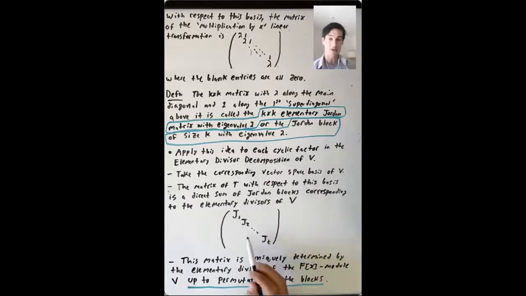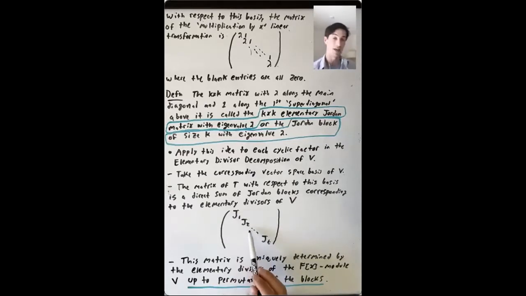So this matrix is uniquely determined, except maybe J_1 isn't the first block. Maybe J_2 is the first block. You write the J_2 block first and then the J_1 block next. It's not necessarily true that you should write the largest block first or the smallest block first. Maybe the more natural thing to do is group together all of the different blocks that correspond to the same eigenvalue lambda.